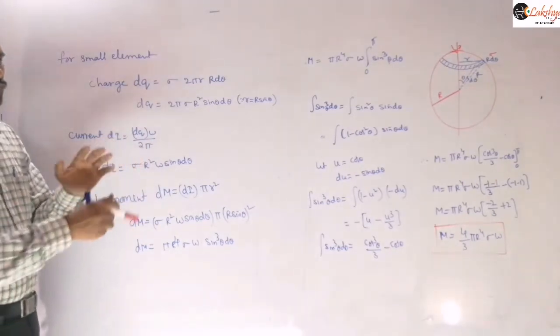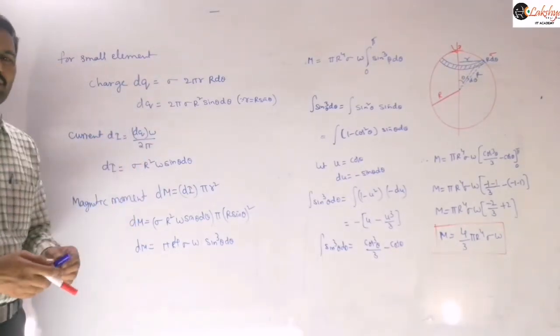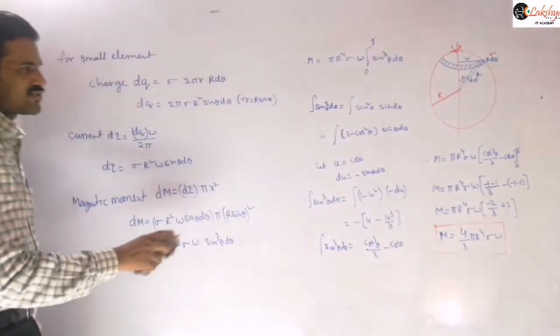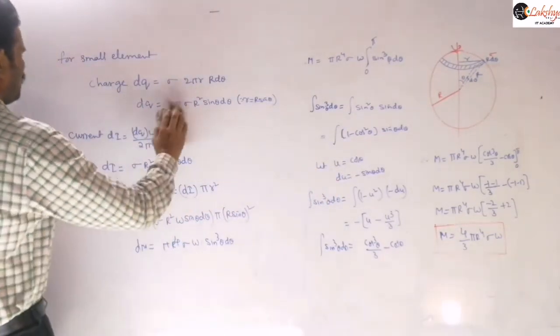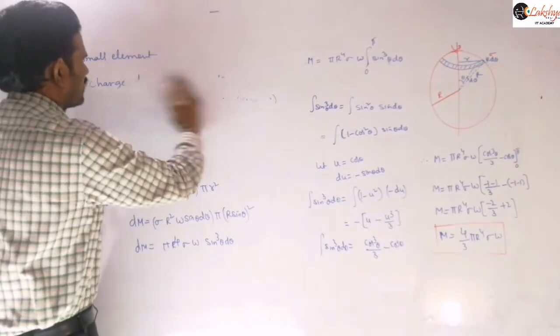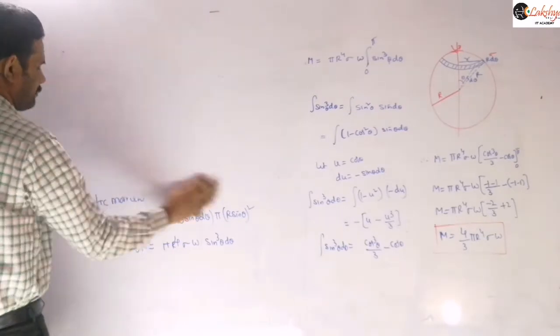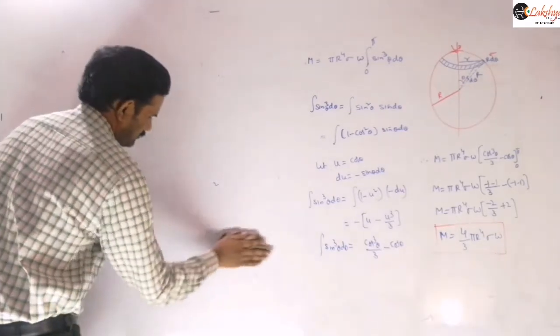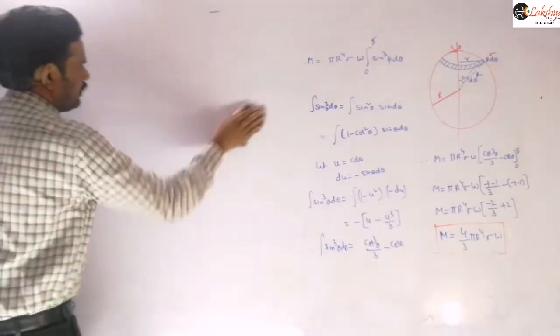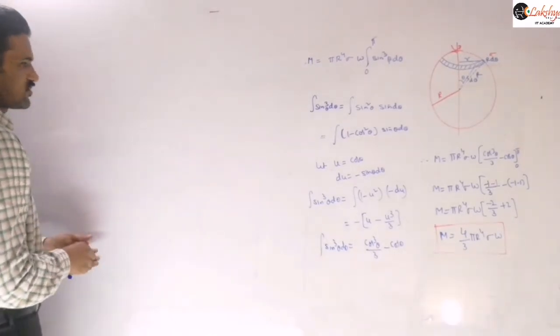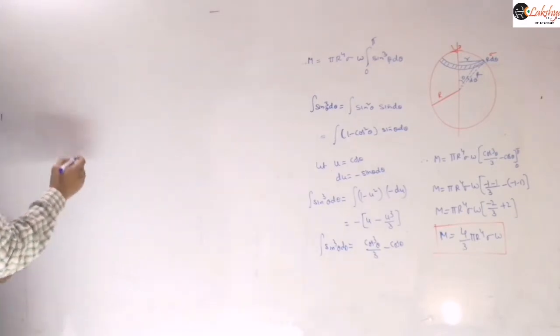Now instead of doing all this, if you use the q by m ratio, let us see that one also. This is the general procedure to calculate it. So now here, instead of this, I am taking the ratio of magnetic moment to angular momentum.